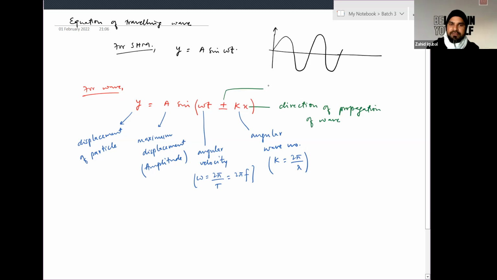So plus sign will define negative axis and minus sign will define positive axis. It means if you have a plus sign in between these two parts with x, you'll say the wave is going towards negative x-axis. And if you have a minus sign in between these two terms with x, you will say the wave is going towards positive x-axis. Atif, is it clear?